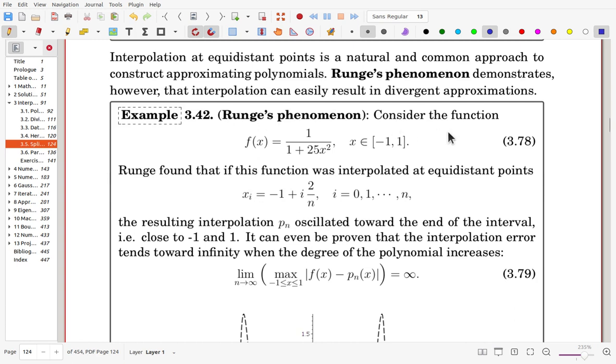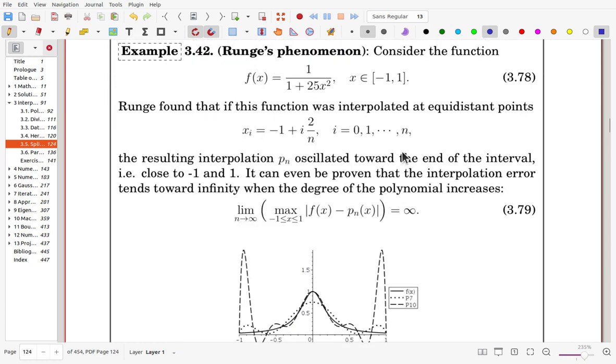Consider the function given in this way, defined on -1 to 1. It's a simple function. Now we choose n subintervals with equidistant points from x0 to xn, where x0 is -1 and xn is 1.